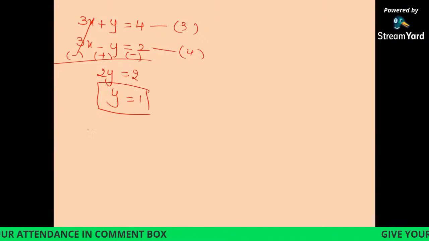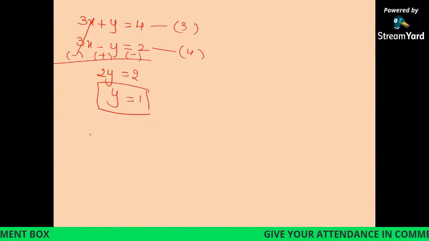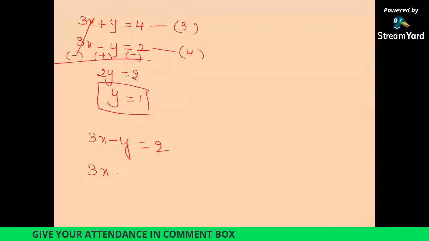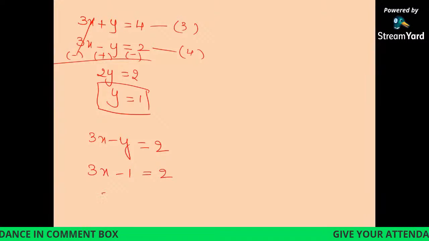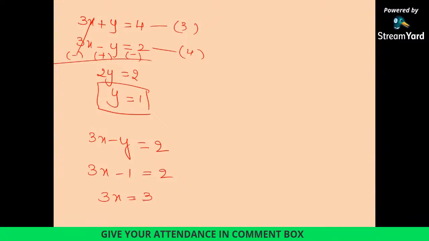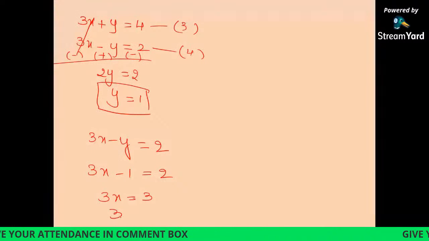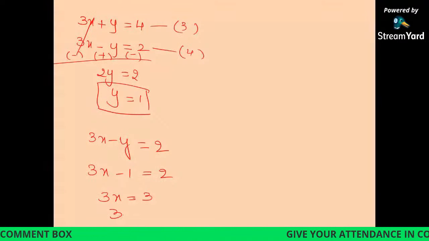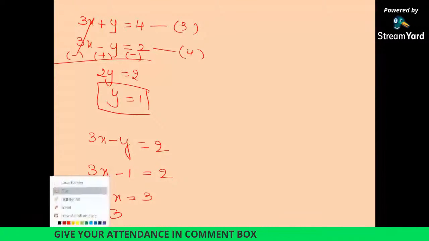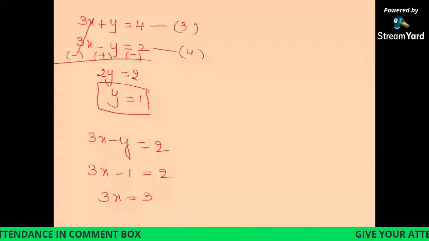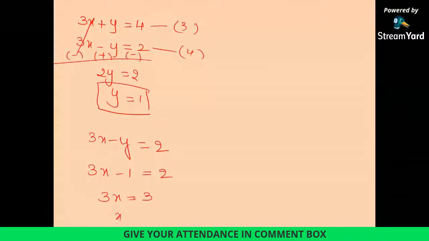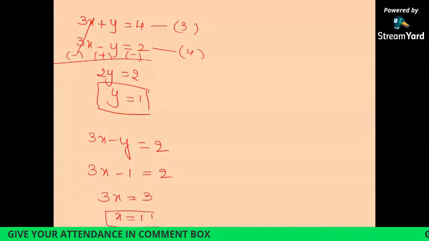Substitute in any one equation. I will consider your second equation, 3x minus y is equal to 2, then 3x minus 1 is equal to 2, 3x is equal to, if I transpose this minus 1 to another side, it will become plus, 2 plus 1 is 3, then if you solve for the value of x, x will be equal to 3 ones are 3, ones get cancelled.